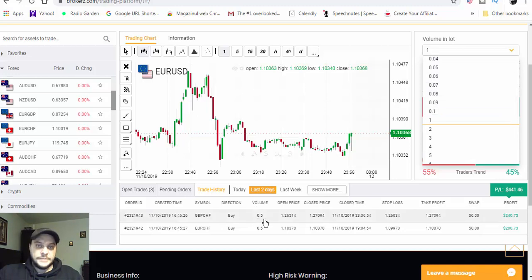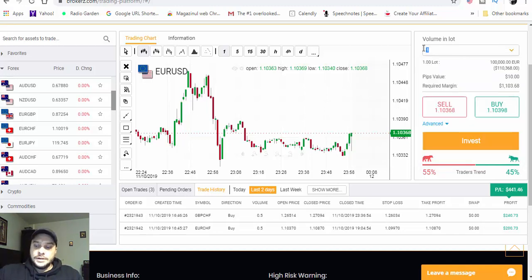In my case, because my balance has increased, it's 0.5, but you might see 0.4 or 0.3 if you're starting with a minimum deposit of 250. So the answer is that the Btrade Signal Pro software will set it automatically for you.